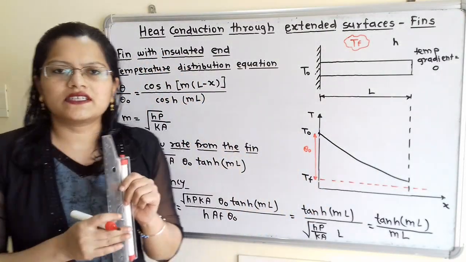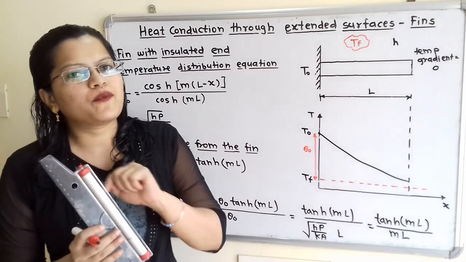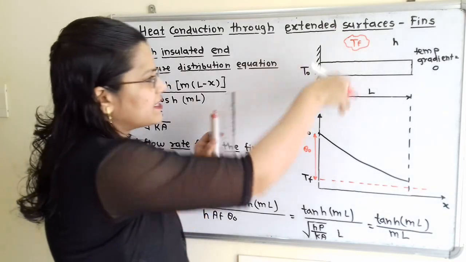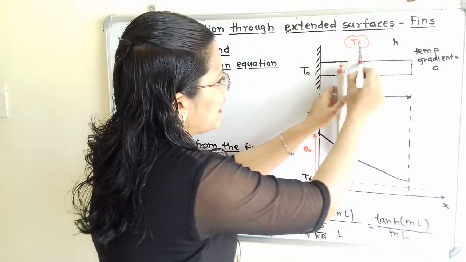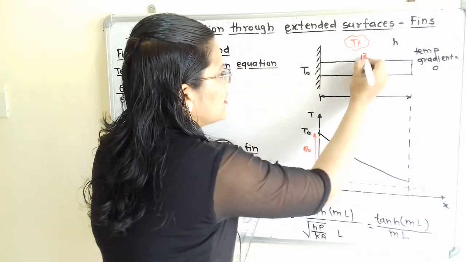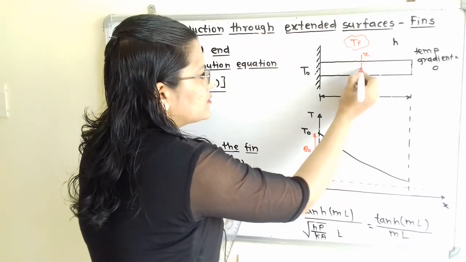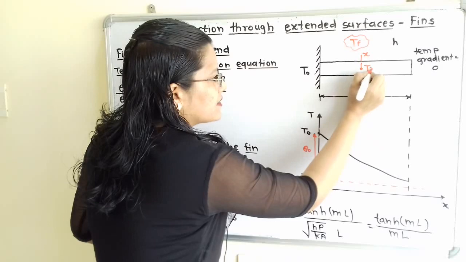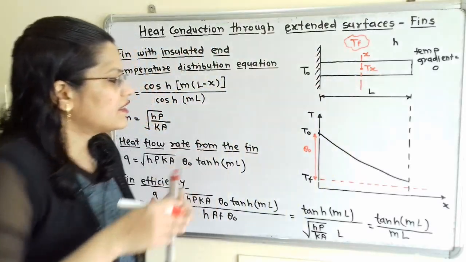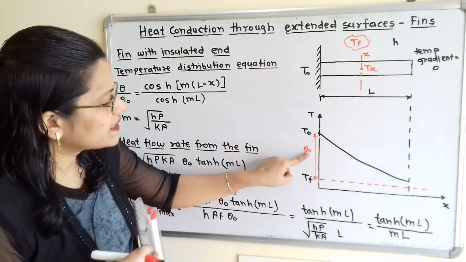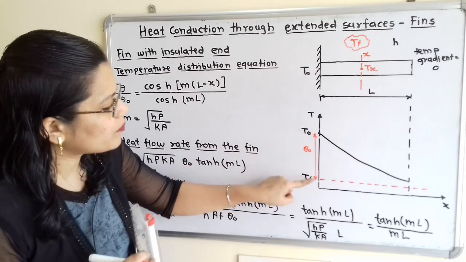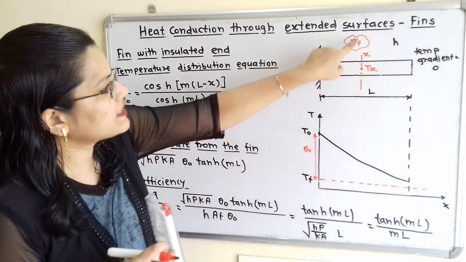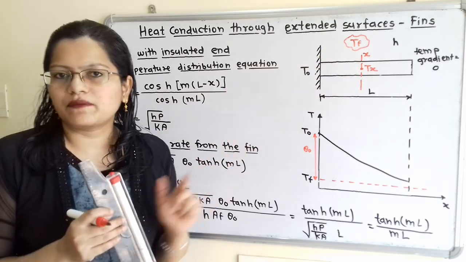Now we will consider the temperature at any point x for this fin. So we will consider any section. I will consider randomly this section x. Now at this section x, what is the temperature at this point, that is Tx. Then as we consider theta 0 is equal to T0 minus Tf, in the same way Tx minus Tf is nothing but theta.